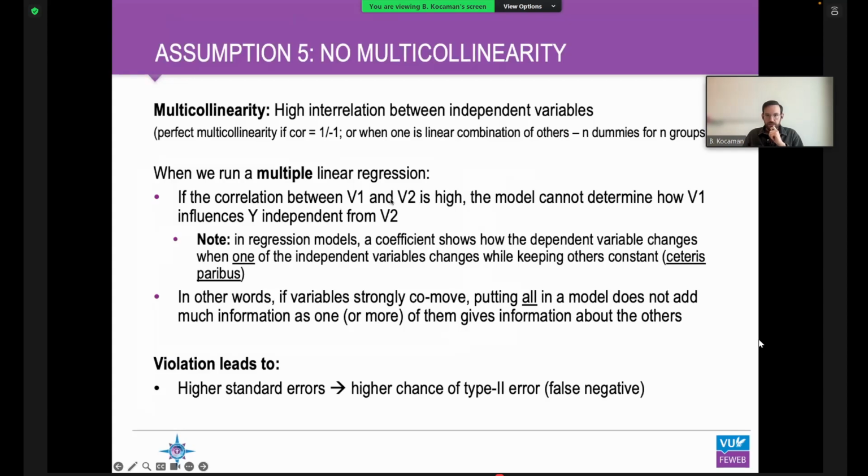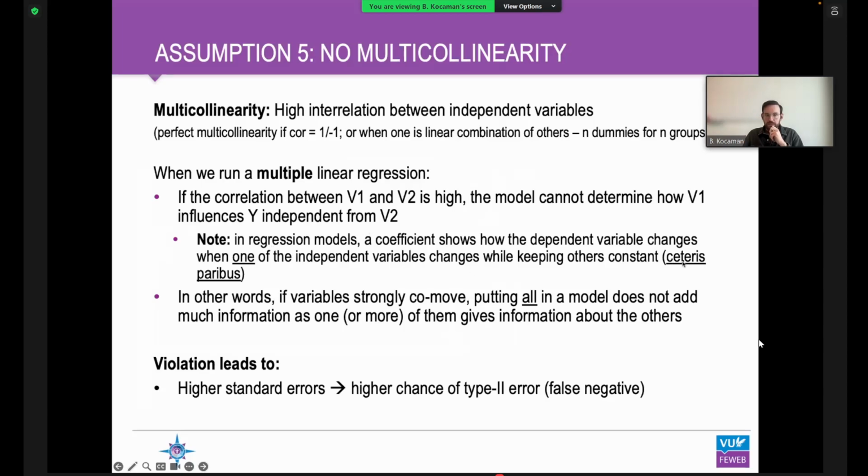So let's say this is variable one, variable two. It's very hard for the model to identify how variable one influences y independent from, and this is the important part, the second variable.